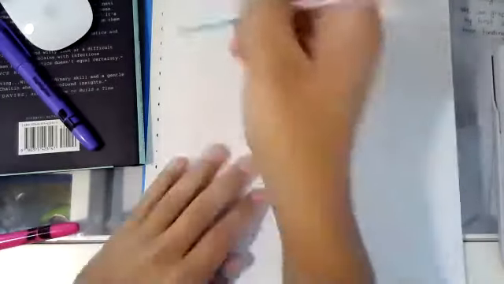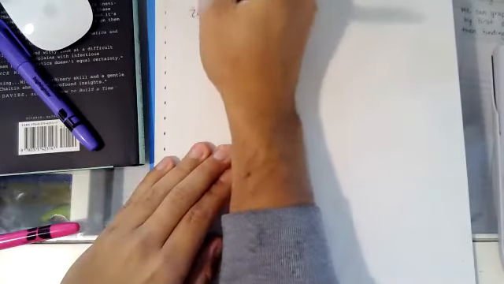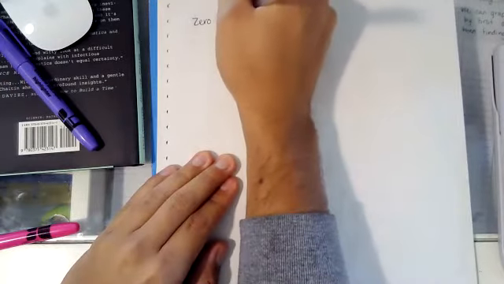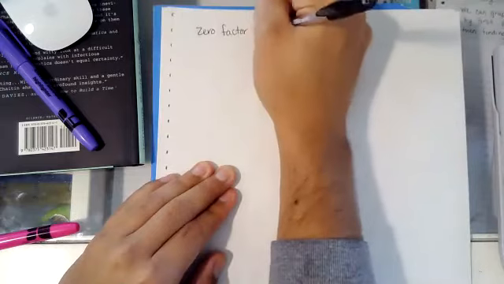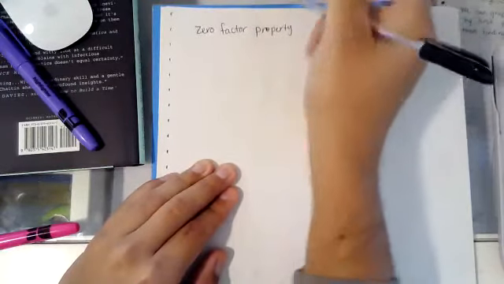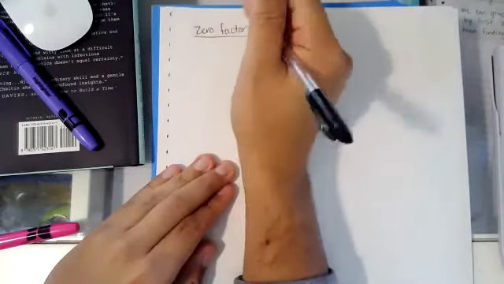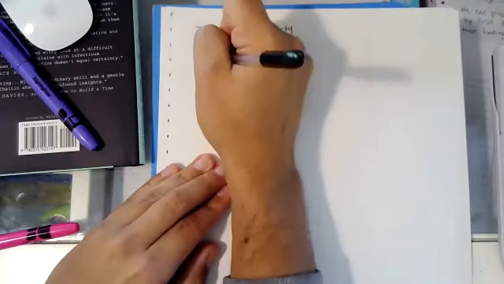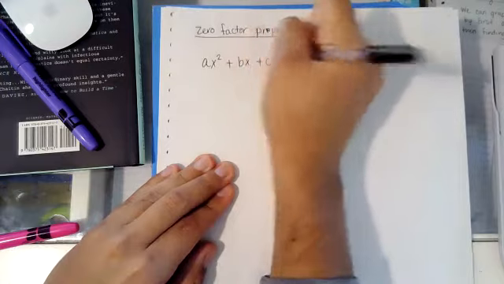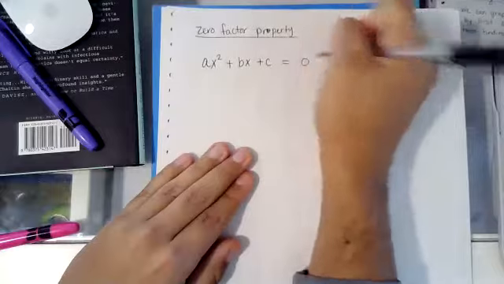So in practice, the zero factor property to solve quadratic equations will generally look something like this. You'll have some, let's say, ax squared plus bx plus c, some quadratic trinomial, equal to 0.